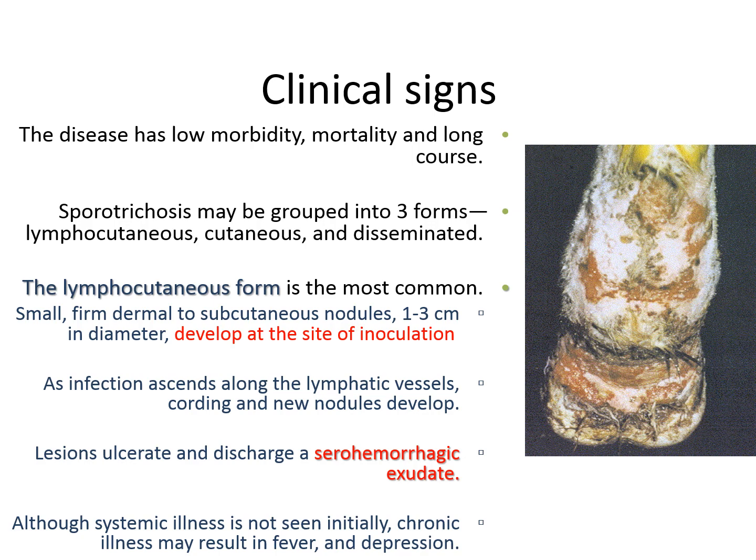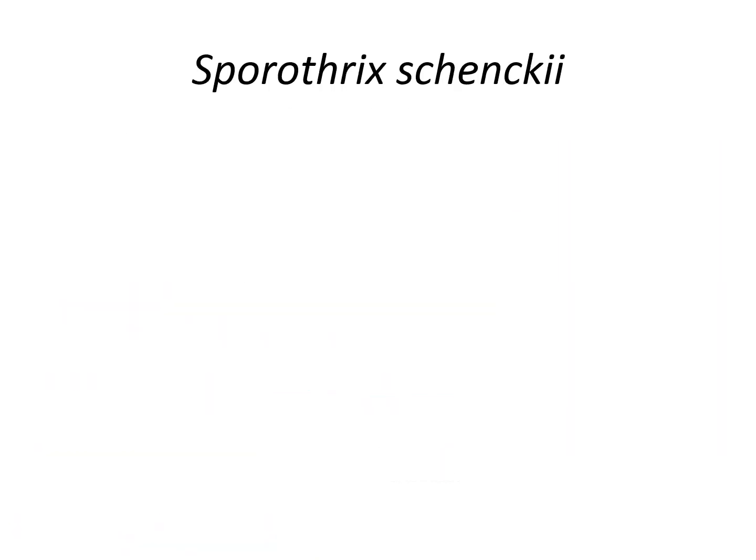Then the infection can disseminate, ascending along the lymphatic vessels and developing new nodules. Then the lesions ulcerate and discharge serohemorrhagic exudate. These are the clinical signs and forms of sporotrichosis.